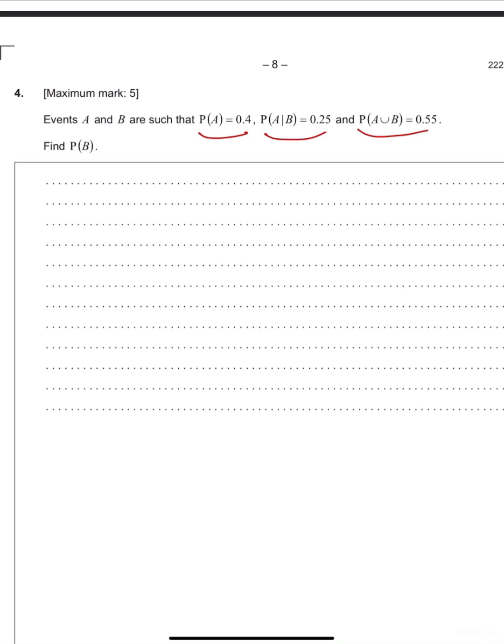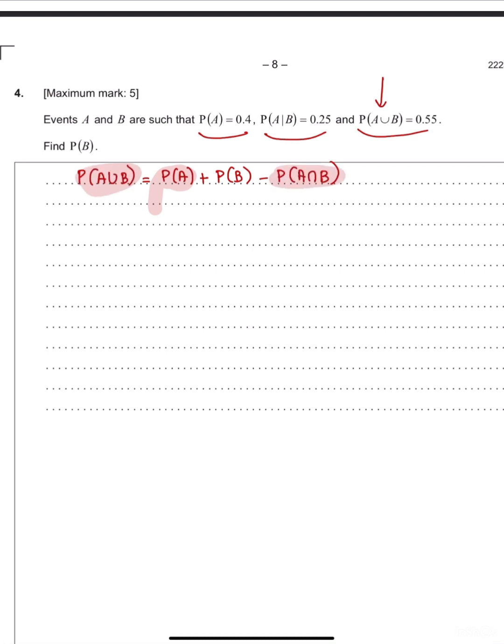First of all, in general, P of A or B must be P of A plus P of B minus P of A intersect B. We already had P of A, but we don't have the intersection.